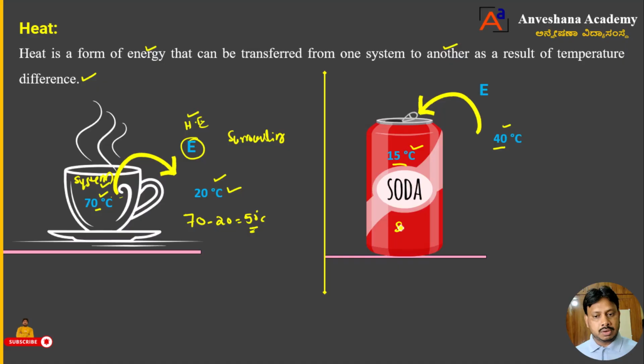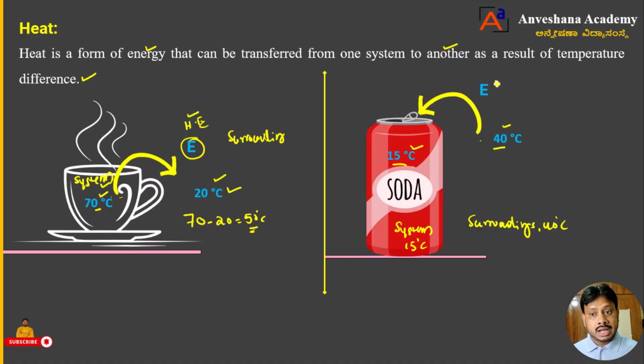This soda bottle you can call a system. Now the surrounding, I will mark here, is at 40 degrees Celsius, and the soda is at 15 degrees Celsius. A kind of energy is going to transfer from the surrounding to the system, or from the ambient to the soda bottle.